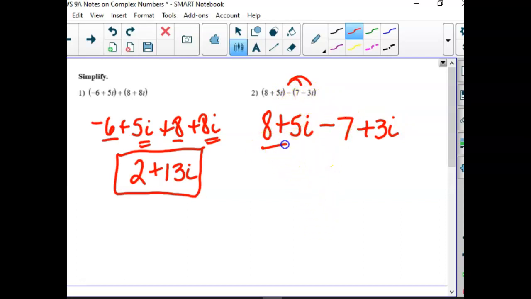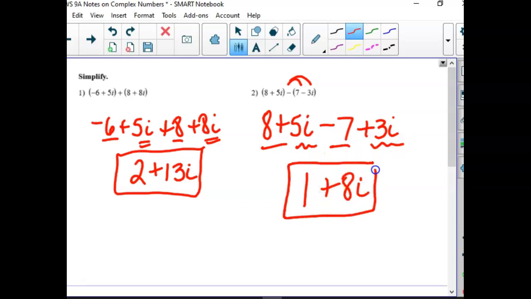So then if I combine like terms, I have 8 and a negative 7, which would be 1, and a 5i and a 3i, which would be 8i. Now, if you wrote 8i plus 1, I would not count it wrong, but the proper form is the real part and then the imaginary part. It's called a plus bi form, and the directions will often say write in a plus bi form.